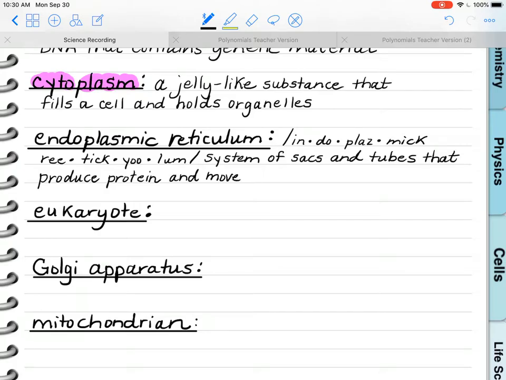So it produces the protein and moves the protein through the cell. This is a very important organelle within a cell. It's like a little highway where the protein, it's produced, and then it moves along that little highway to different parts of the cell.